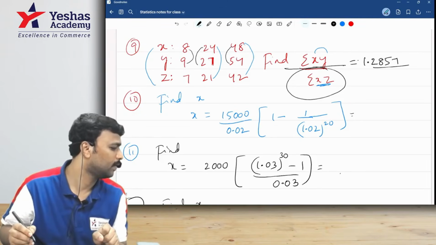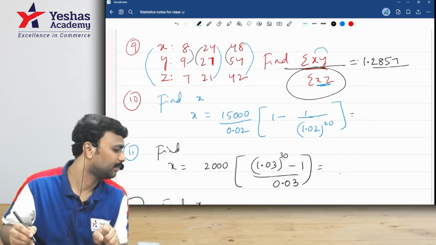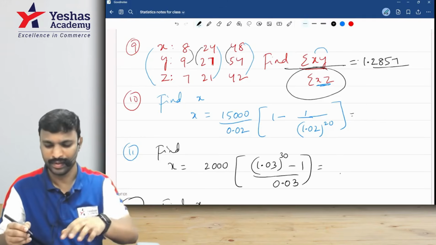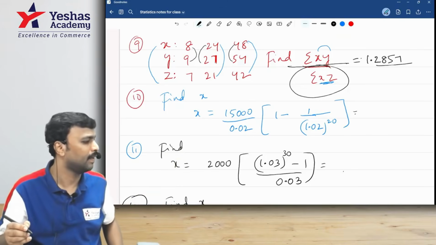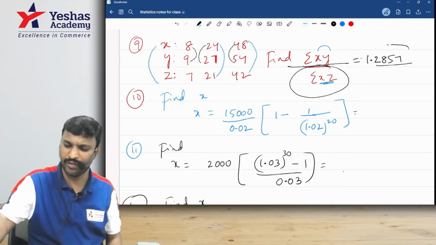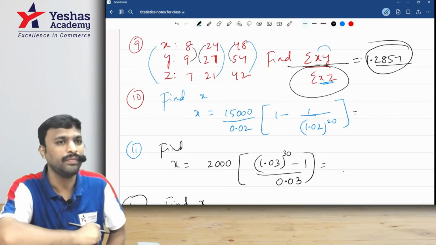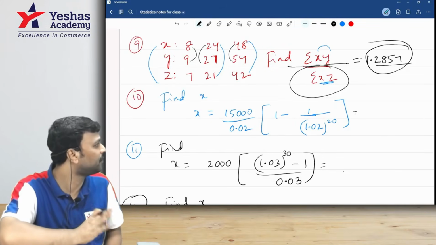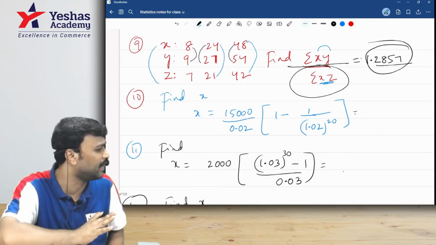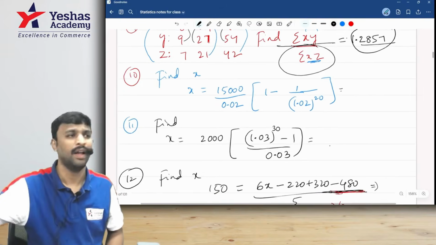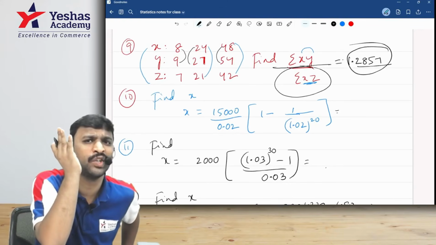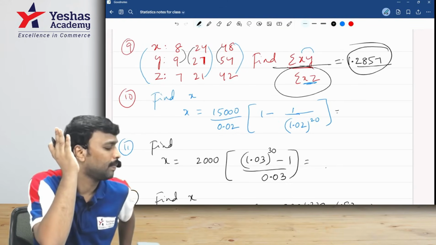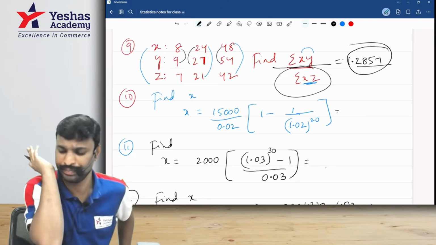No, no, no. Something wrong. Instead of 27, you would have typed 21 maybe. 1.2857 is correct. Maybe you have misfed the value, 21 instead of 27. Everyone understood? If you want to recheck, please recheck.